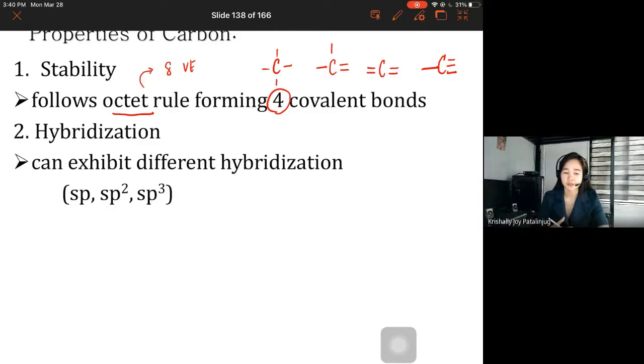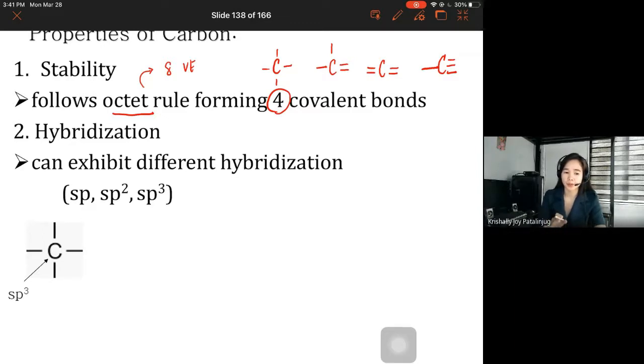Now, how do we identify if that carbon element is in sp3 hybridization? Naka-sp3 hybridized yung carbon atom in an element if it has 4 single bonds surrounding it. So, ibig sabihin, kung what surrounds a carbon in that structure, puro single bonds, all are single bonds surrounding that central carbon atom, then that is in an sp3 hybridization.